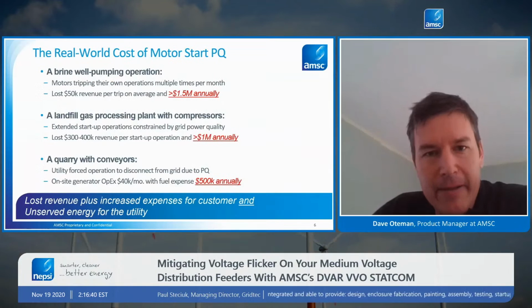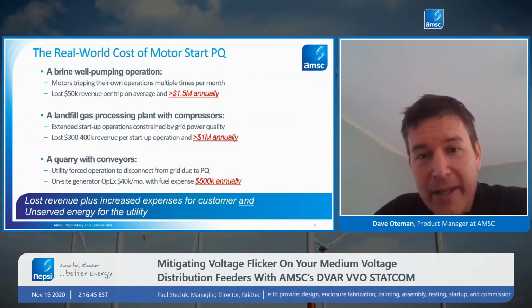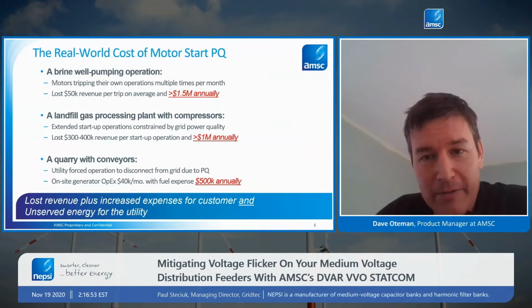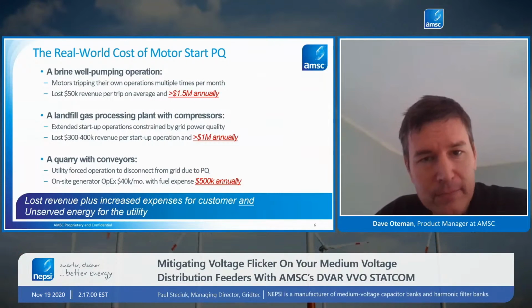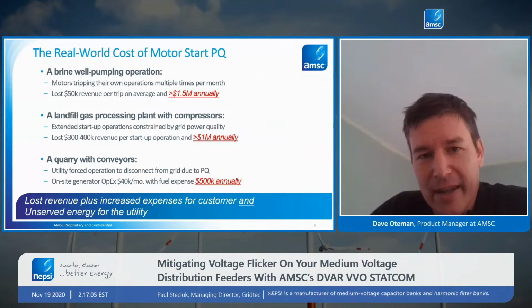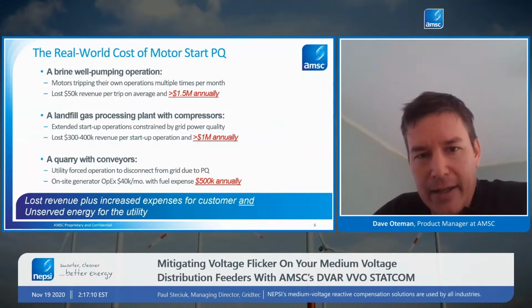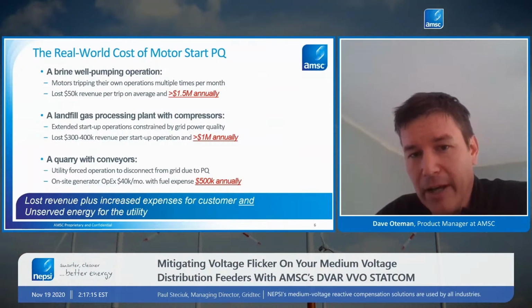One of the things that is surprising is how expensive this problem can be when power quality issues prevent an operation from operating as intended. Here are some examples of installations we've done for motor starting. The first example is a pumping operation spread out over a few miles on a feeder, with multiple motors pumping up from an underground aquifer.